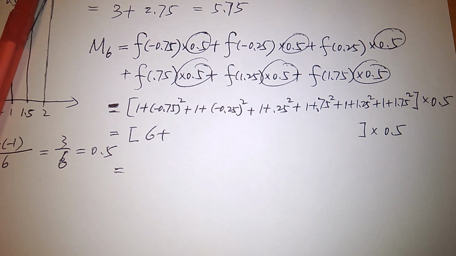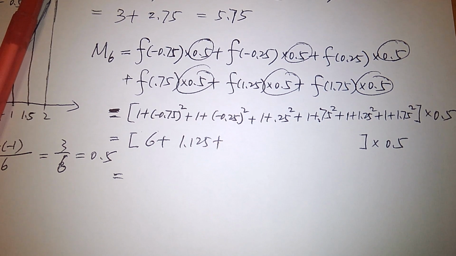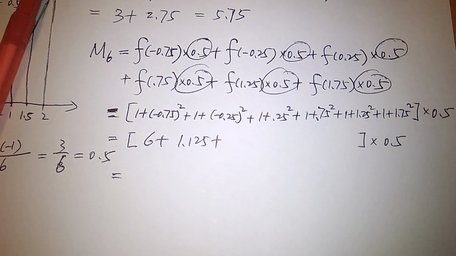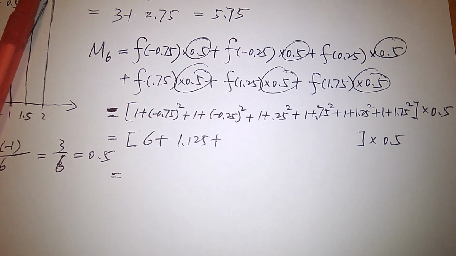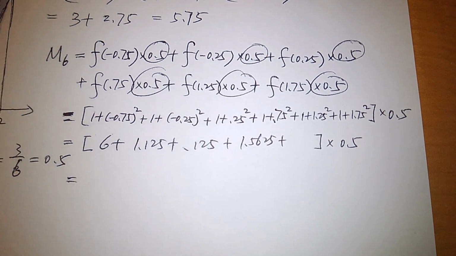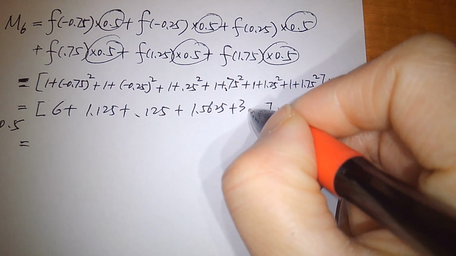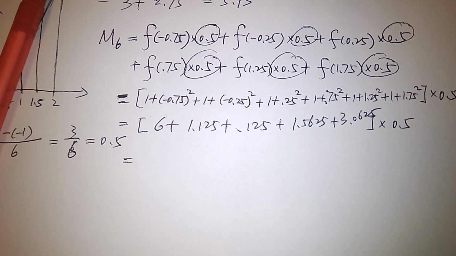So 0.75 times 0.75 times 2, I would say 1.125, plus 0.25 times 0.25 times 2, double it, 0.125, plus 1.25 squared, 1.5625, plus this is 1.75 squared, 3.0625, plus 0.125 plus 6, and then times 0.5? 5.9375. Do I get the same answer?